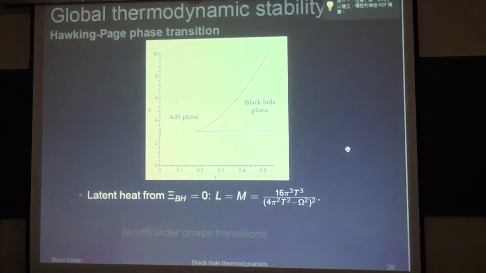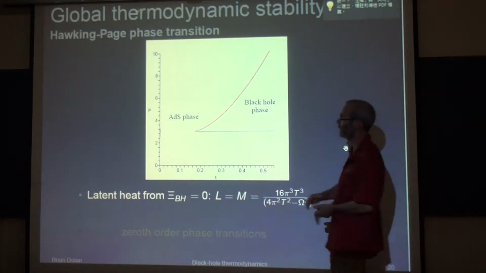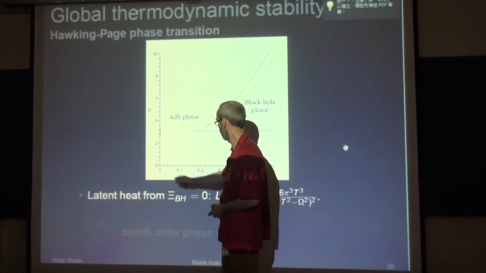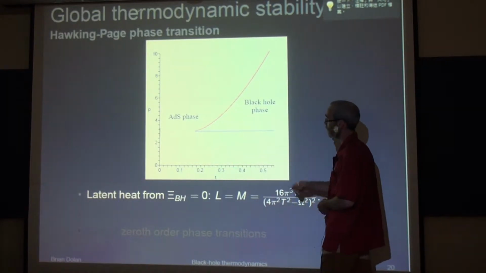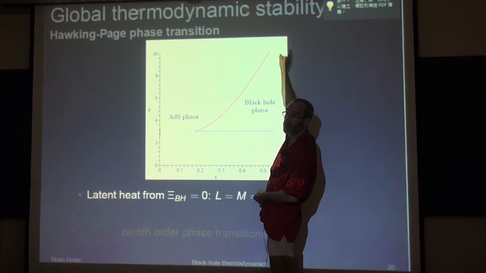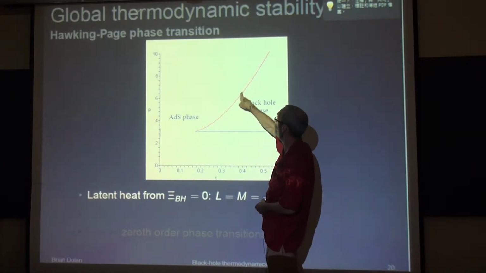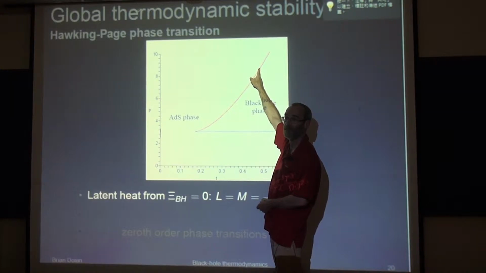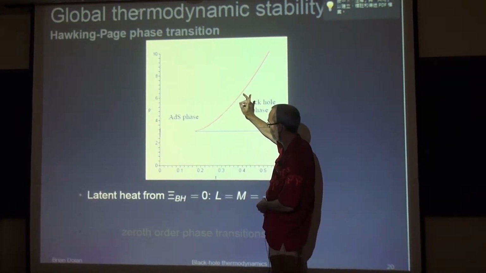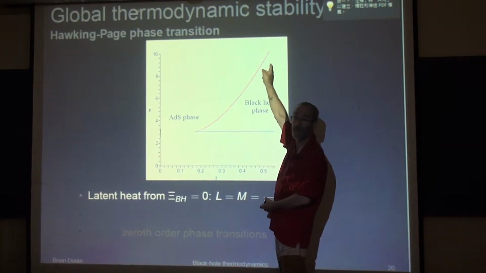So this is what the phase diagram looks like for a rotating black hole with fixed angular velocity. Again, I have pressure up this axis here and temperature along here. We have a line of first order phase transitions. This line goes on up to infinity. It never stops. The latent heat decreases as we go up this line. But you never get to a critical point.